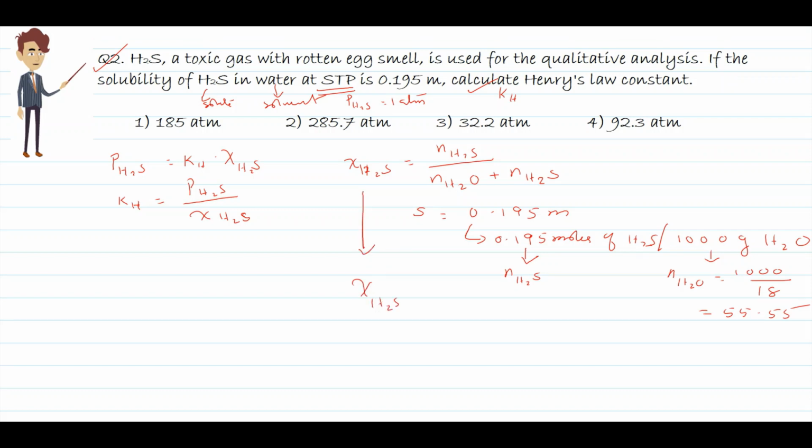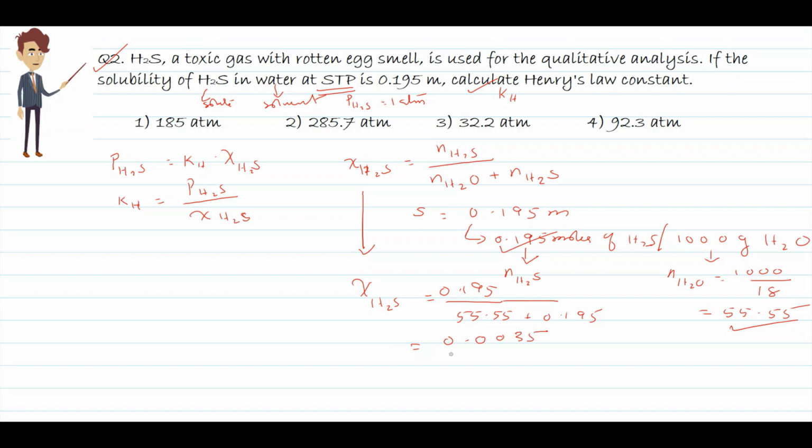So what is chi H2S? Chi H2S is nH2S, which means 0.195, by nH2O, 55.55, plus 0.195. Solving this, we get the value as 0.0035.